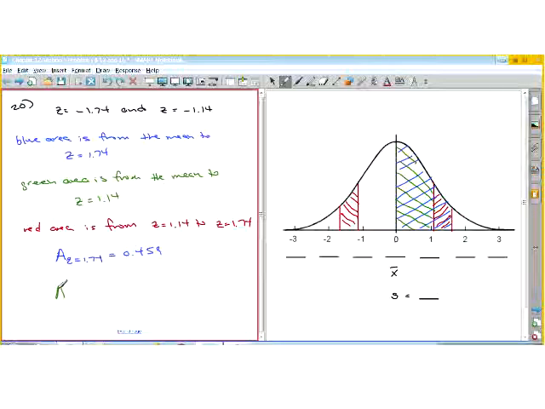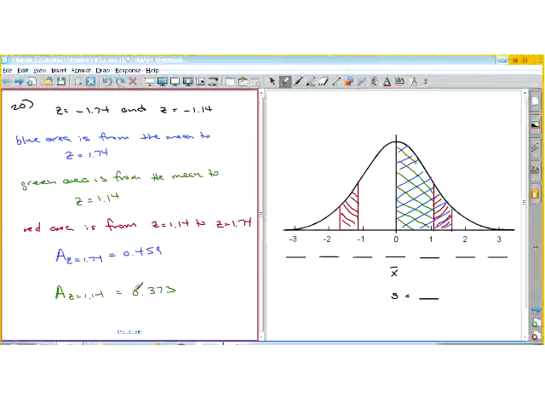Then I do the green. So the green area, which again starts at the mean, is a function of the other z-score. So I go down, I look on the third set of columns, and I start over there at 1.12, and I need to go to 1.14, and I get 0.373 area.